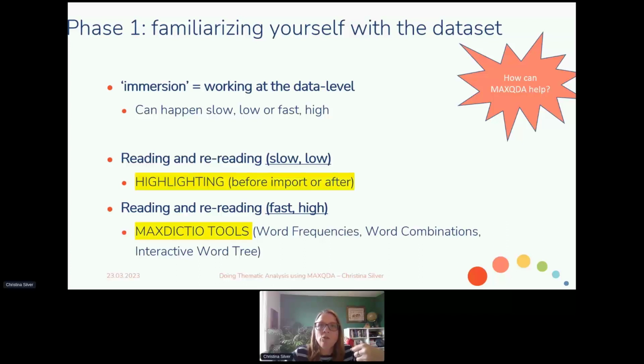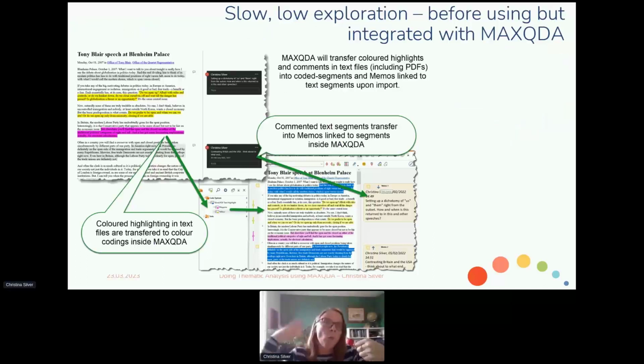So I'm going to pick out a couple of ways of illustrating those two different levels and tools that we could use. So first of all, thinking about the slow, low exploration. This can happen both before we start working in MAXQDA and within MAXQDA.